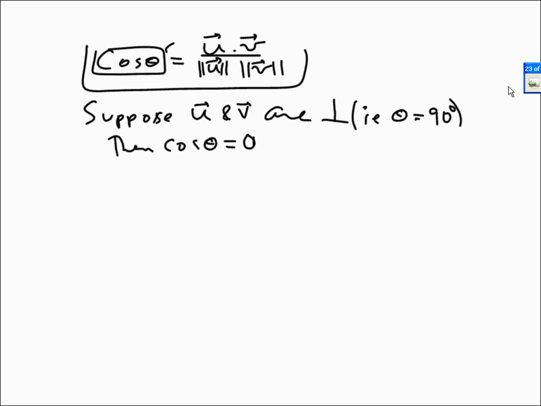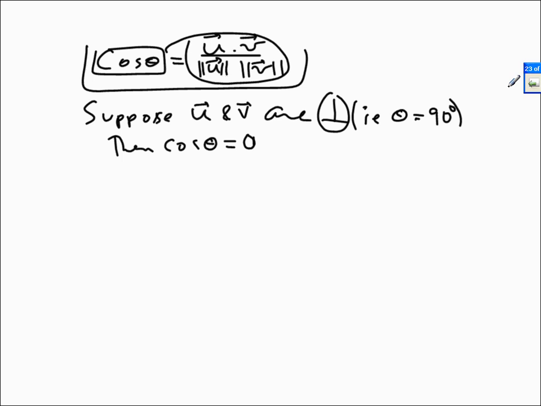But this equals a fraction. A fraction is 0 only if the top is 0 and the bottom is not. Now, before u and v can be perpendicular, u and v can't have length 0.